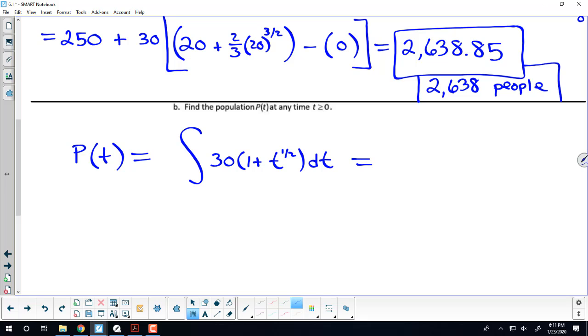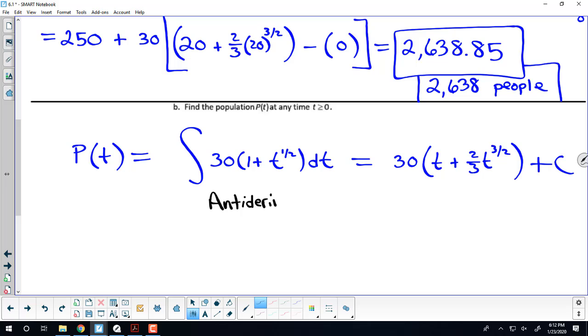This is going to give us the same antiderivative we had up there. And then from there we use the fact that P of 0 is equal to 250 to find C. So that would be the antiderivative method. Use that to find C.